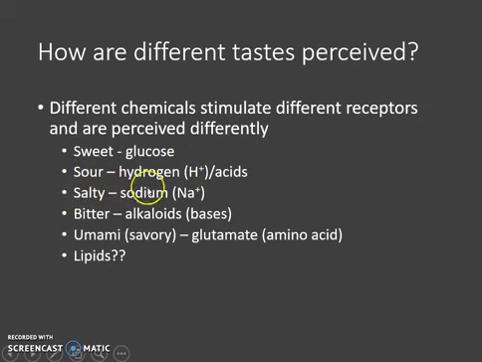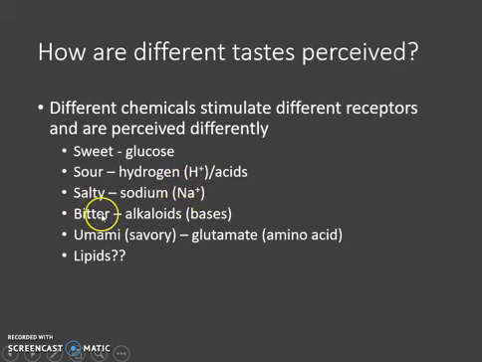The salty perception comes from sodium binding to receptors in the taste buds. And if you think about it, table salt is sodium chloride, so it's NaCl. So when you eat salt, you're tasting that sodium.